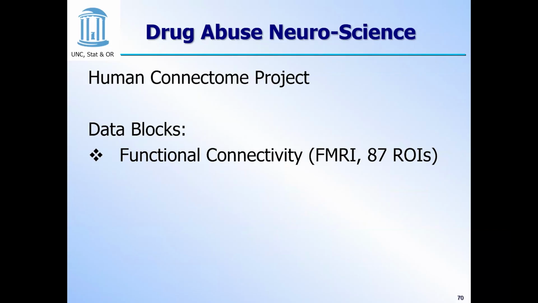This is where people sit in the fMRI scanner and they're doing some task. While they're doing it, they look at how different parts of the brain light up with respect to the task being performed. Here they chose to cut the brain up into 87 regions called regions of interest. Then what they think about is basically correlation between each pair of regions. Okay, so that's one data block.